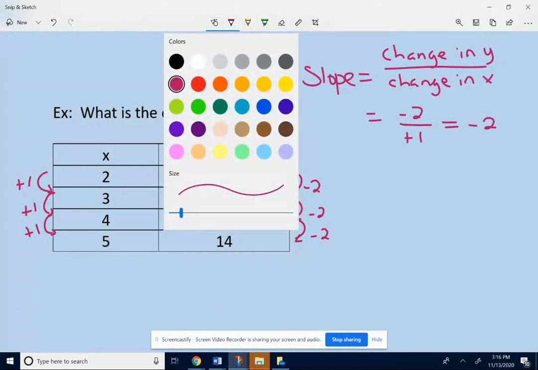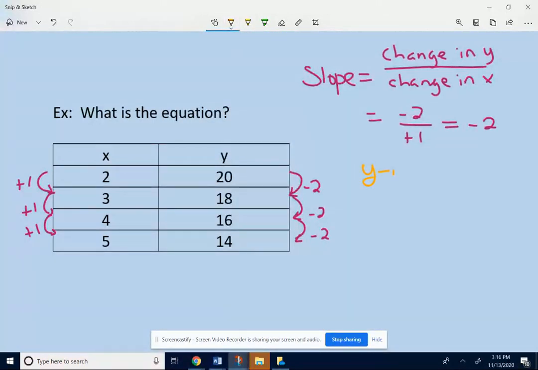Okay, the y-intercept is the y value across from an x value of 0. And unfortunately in this problem, they don't give it to us. You know what? We're going to just count backwards and we're going to figure this out.